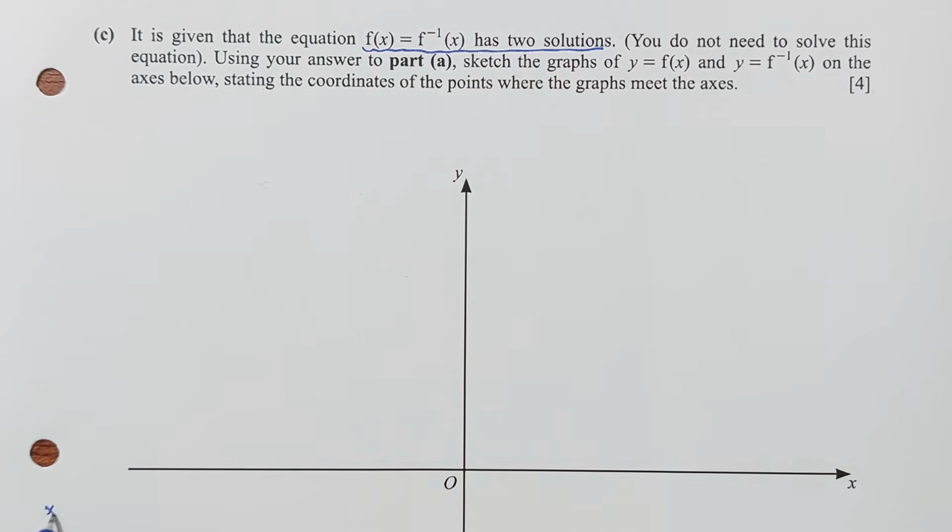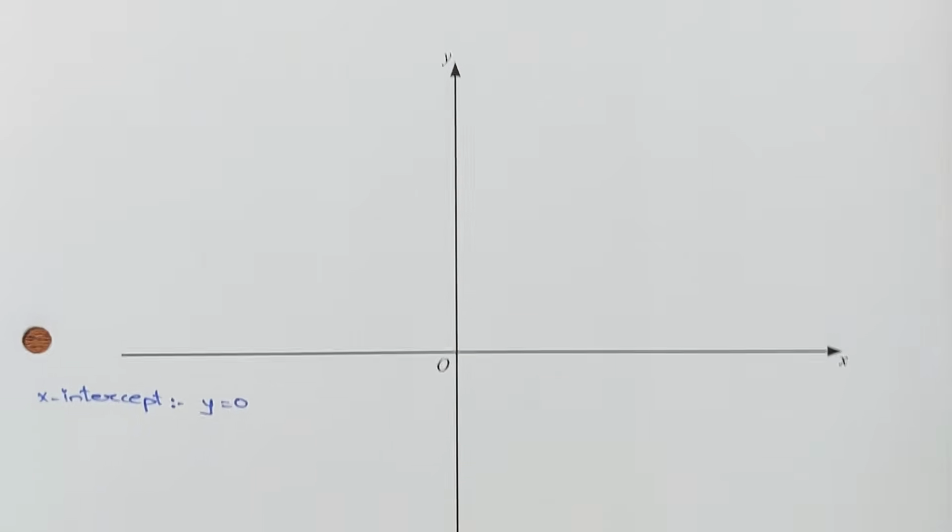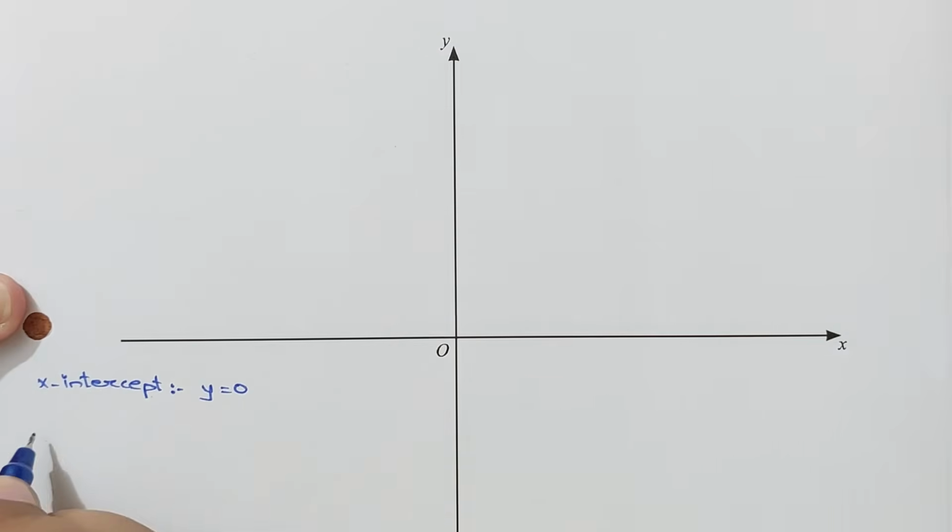So if I work on the x-intercept for the function f of x, y would be equal to 0, right? So y equals 0, we can say, or f of x equals 0. So 2 ln of 3x minus 4 equals 0.